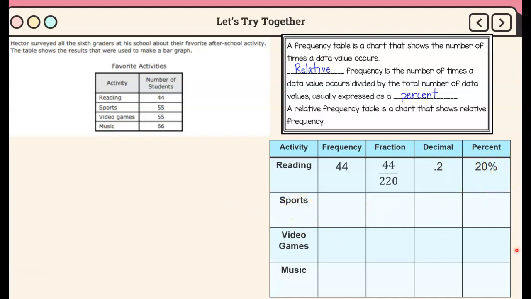So let's do sports. What is our frequency on sports? How many students like sports? Well, right here it says 55. So our frequency is 55. What's my fraction?